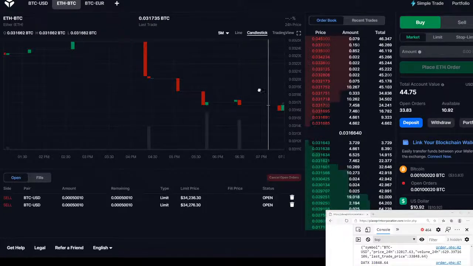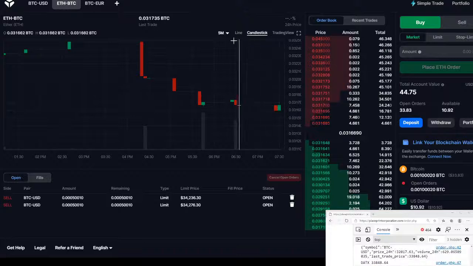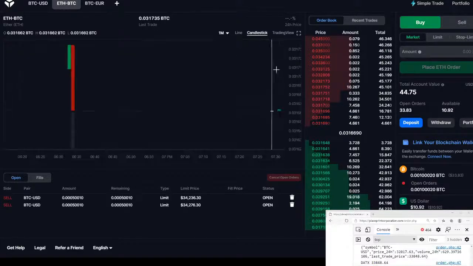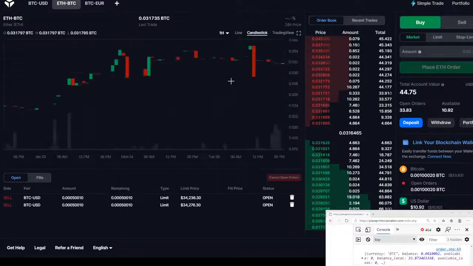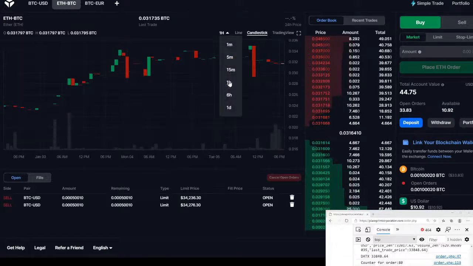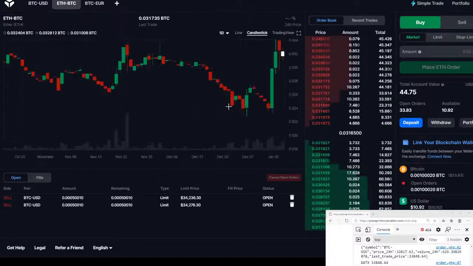Yeah, that's definitely a competitive bid. Super illiquid, but I like that. Gives us a little bit of a variance here.